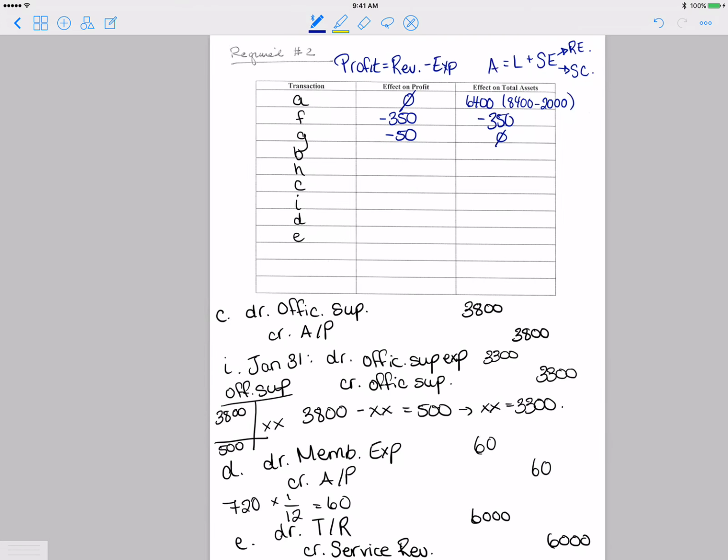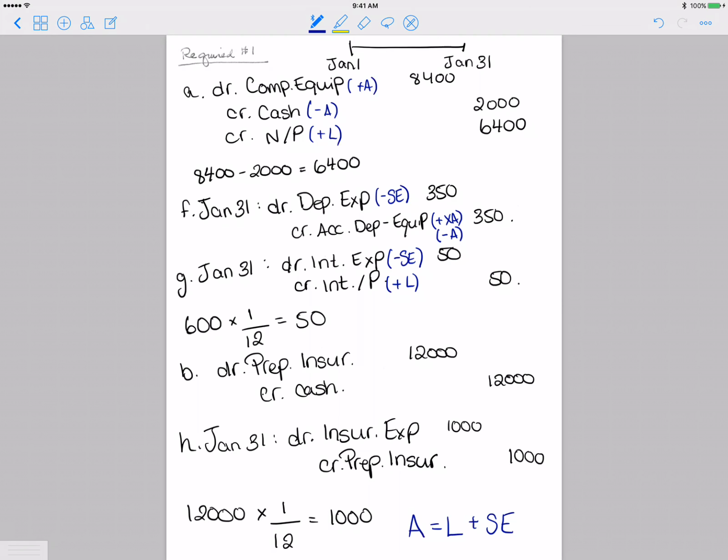Now, for question number B, we can go back and do the same thing. A prepaid insurance increases an asset account, and cash decreases an asset account. And again, for our adjustment for this one, we have an insurance expense which decreases our shareholders' equity and decreases our assets.